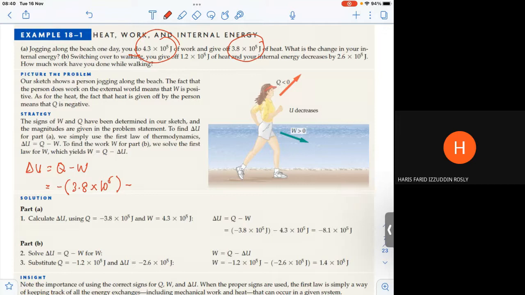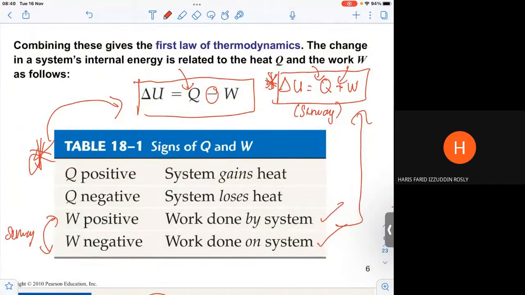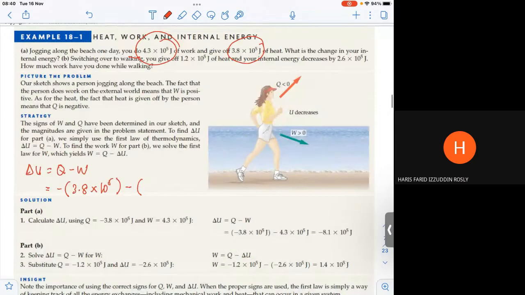So this one first is according to my slide notes. I will show you later using the survey textbook. You do the work, that means you are producing the work according to my notes. Work done by a system means W must be positive, so you just put 4.3 times 10 to the power of 5 joules. That is according to my notes.